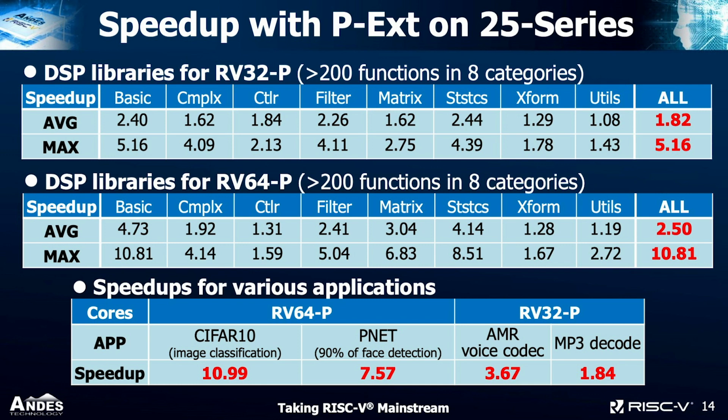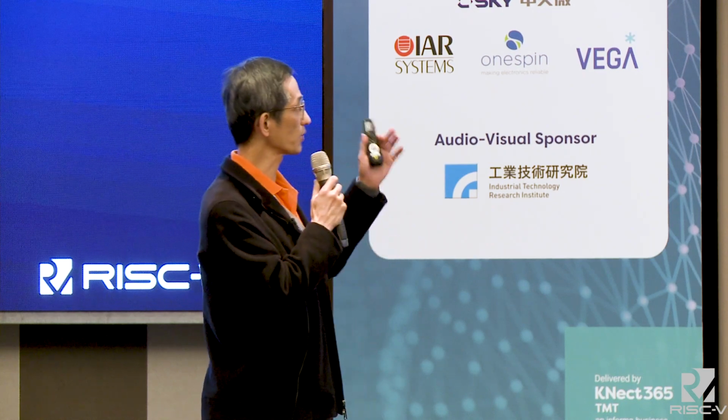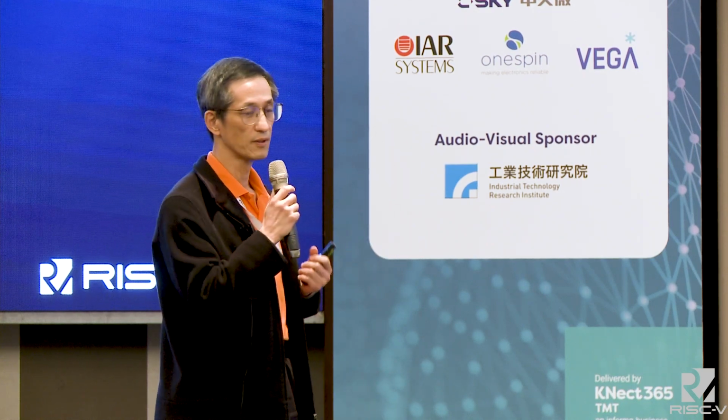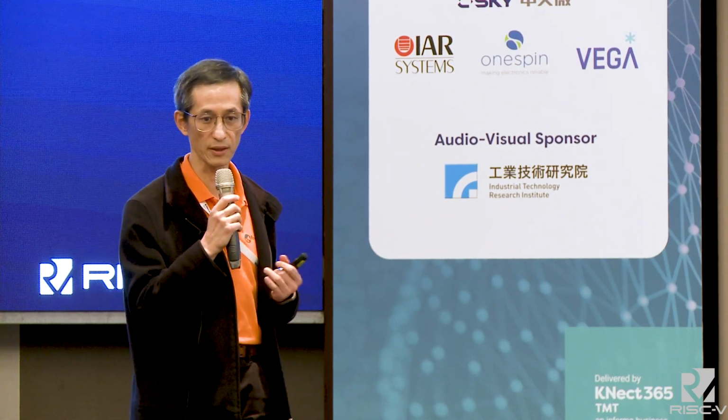They range from basic, complex number, control, filter, matrix, statistic, transform, and utility. Each one has its own different speedup versus if you don't have DSP, because we also have a non-DSP library, because some customers were already using that in the past.